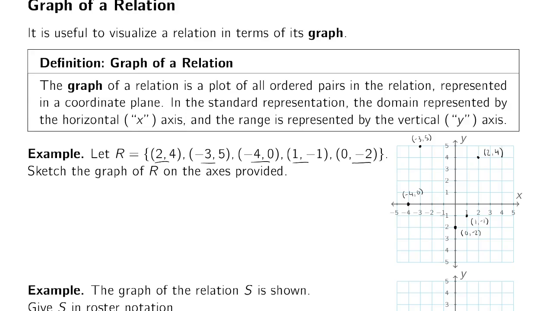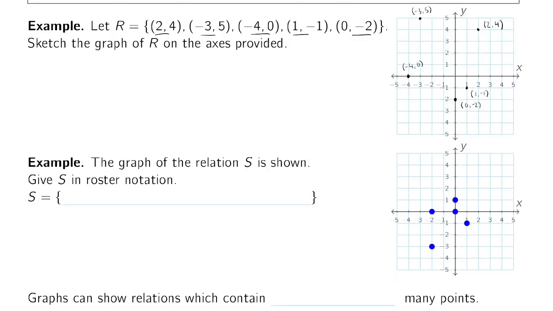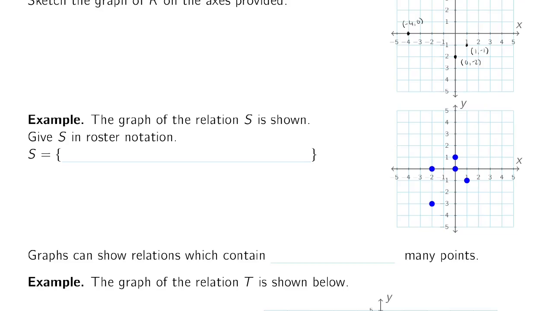We can also go the other way, given the graph. If it's a graph of just a list of points, we can just list the relation. So here we have (0, 1), (0, 0), (-2, 0), (-2, -3), and (1, -1).